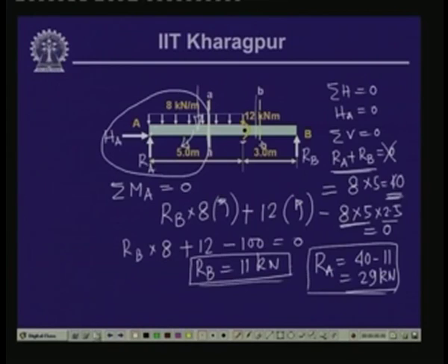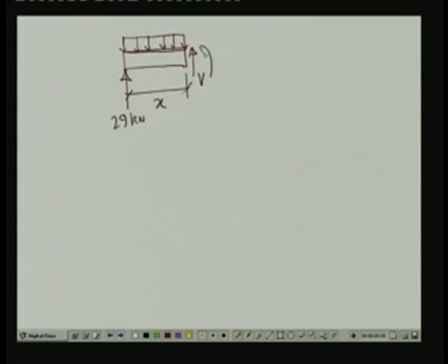The free body diagram of the left hand part has RA, which is 29 kilonewton, the uniformly distributed load of 8 kilonewton per meter, a variable distance x, and the stress resultants V and bending moment M. This is the section AA.